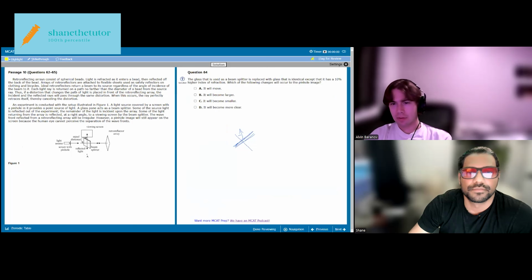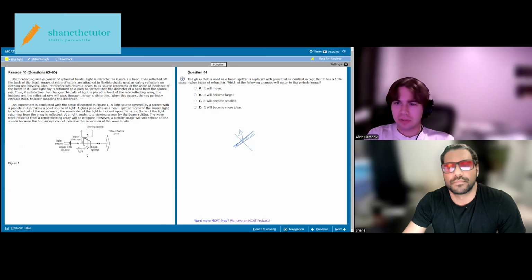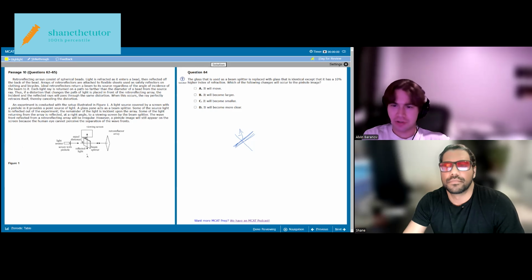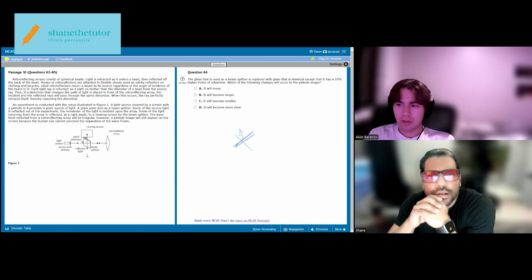This I had no idea about. Glass is used as beam splitters. Replace glass with one that is identical, except that it has 10% higher index of refraction. Which of the following occurs to the pinhole image?